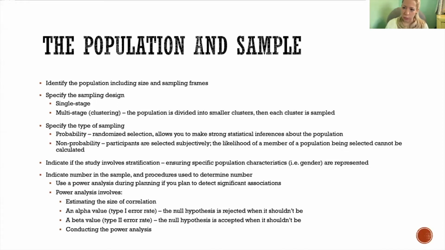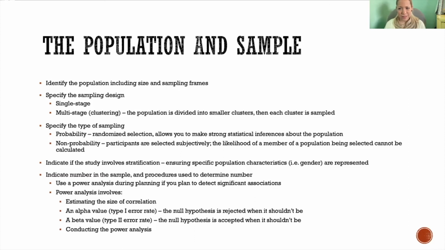You also need to specify whether you're using probability or non-probability sampling. So probability is randomized selection from your sampling frame. And it's preferred when it's possible because it allows you to make strong statistical inferences about the population, because you can calculate the likelihood of a member of that population being sampled.